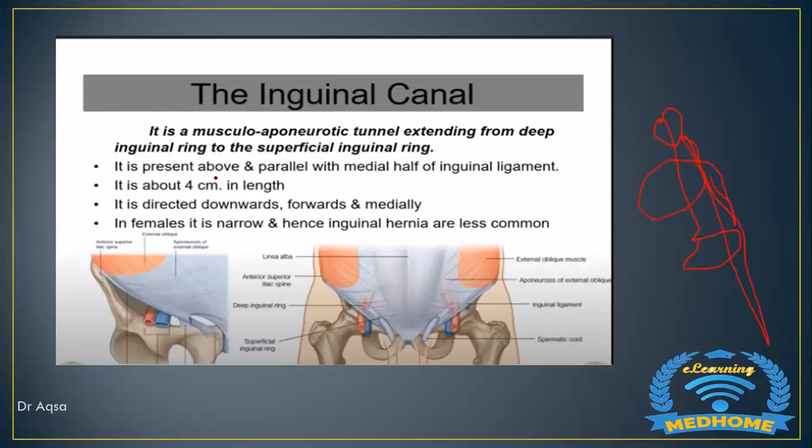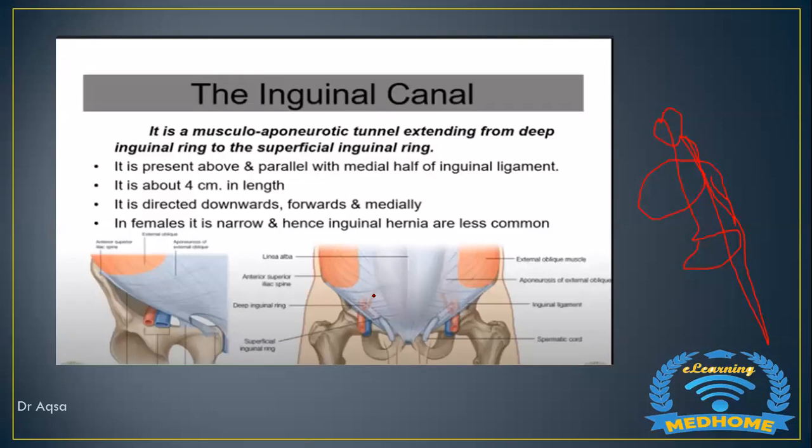It is present above and in parallel with the medial half of the inguinal ligament. If we see, this is the anterior superior iliac spine and this is the pubic tubercle. So it lies in the medial half of the inguinal ligament. It is not covering the whole of the inguinal ligament, just half of it.